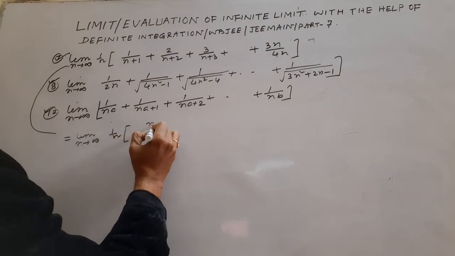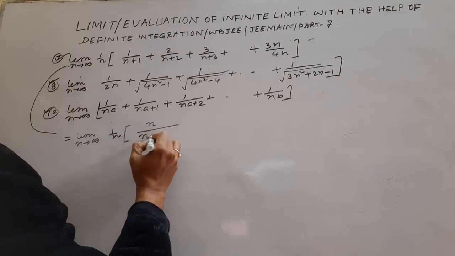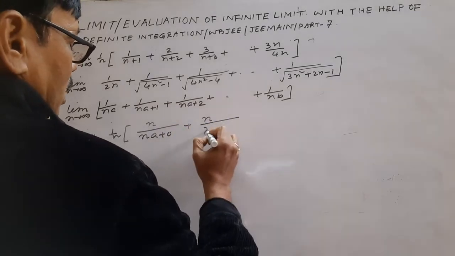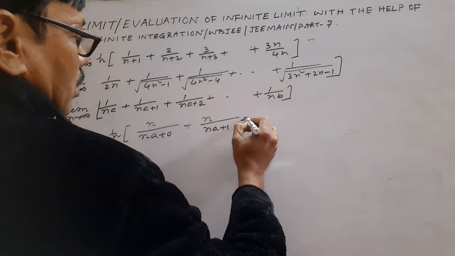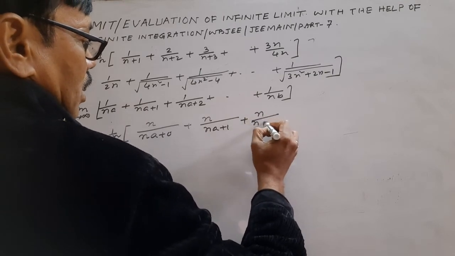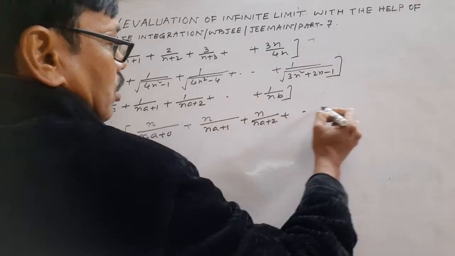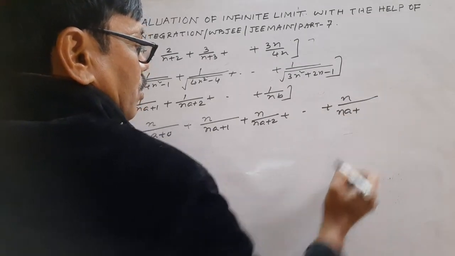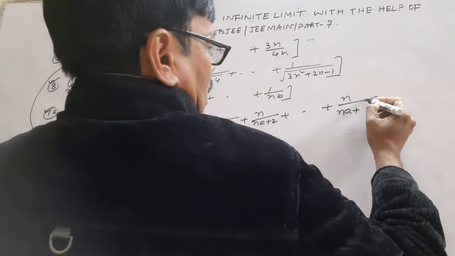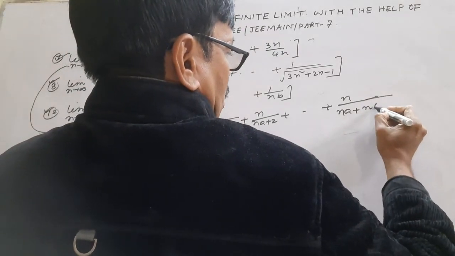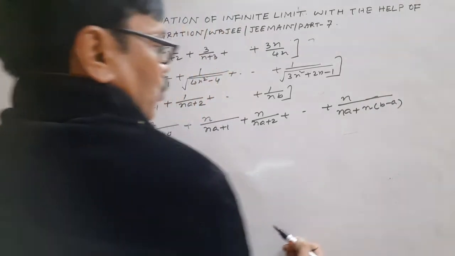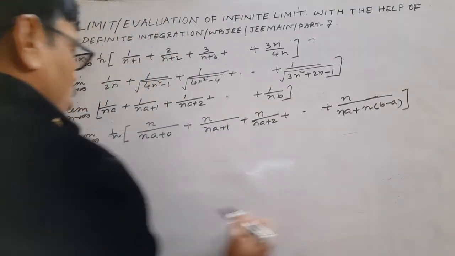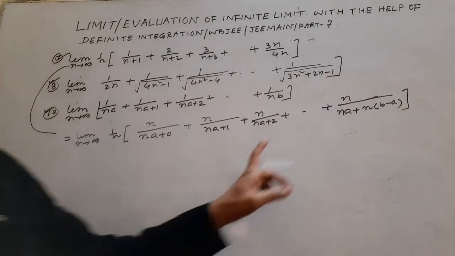So we are taking n by na plus 0, n by na plus 1, n by na plus 2, and the last is n by na plus n into b minus a. So look, na cancel, so nb. So meaning remaining same.